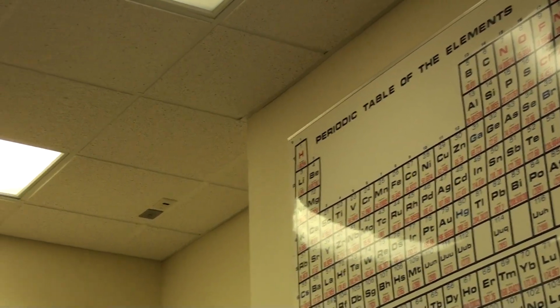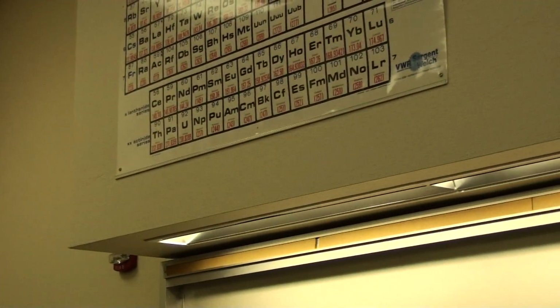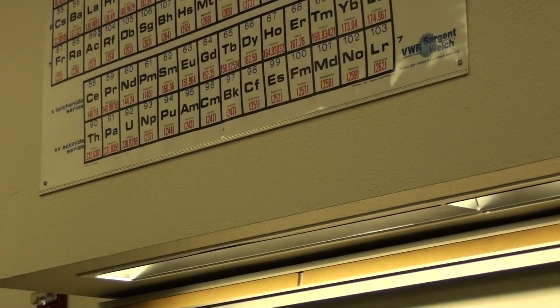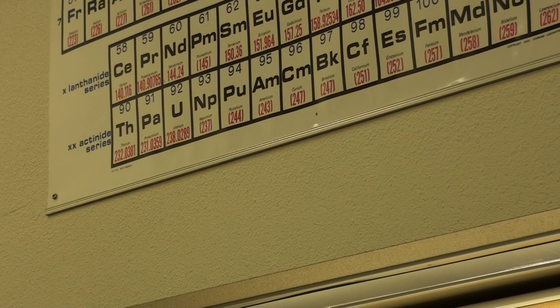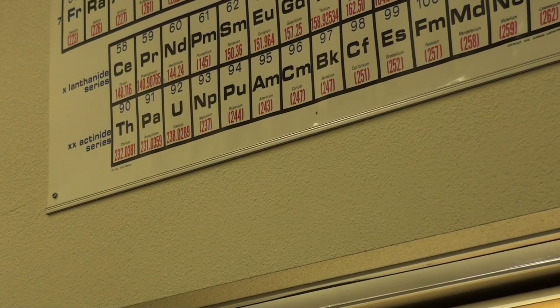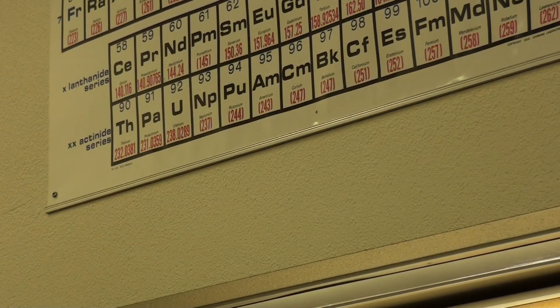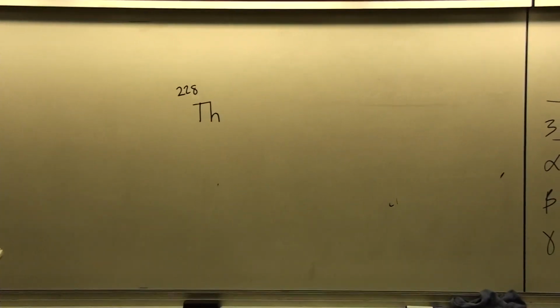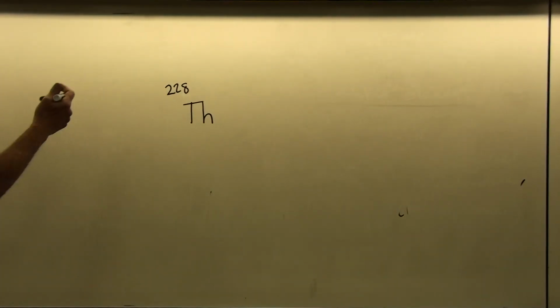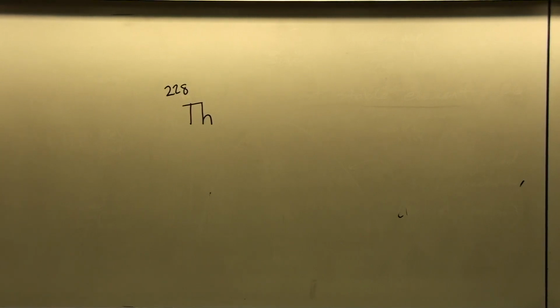Okay, so here we have the reaction that I want to show you. Here we have element number 228, thorium. There are some nuclear reactors that use thorium instead of using uranium.